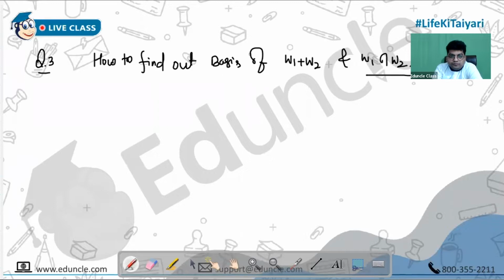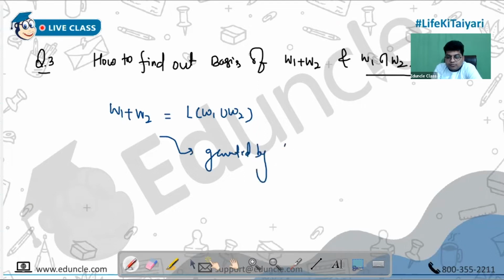See, W1 plus W2 is generated by, that is L of union W1 plus W2. It means this is generated by W1 union W2. So you have basis of W1, take basis of W2.